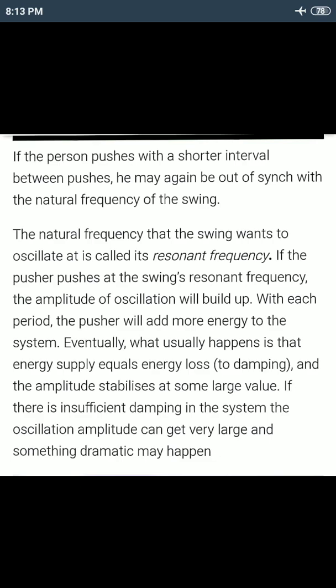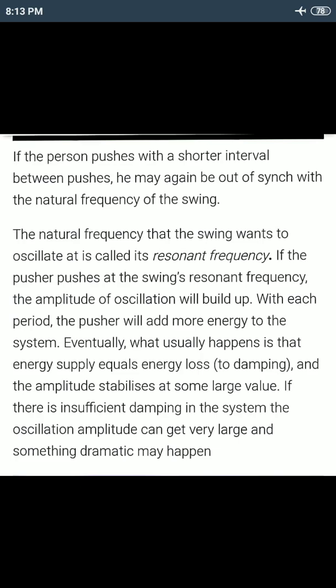So we can say that resonant oscillation is one type of forced oscillation. It is a particular case of forced oscillation in which the frequency of the driving force is equal to the natural frequency of the oscillator. Driving force means the external force applied by the pusher.